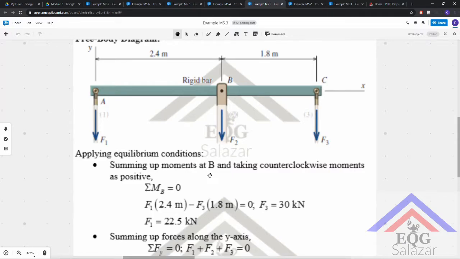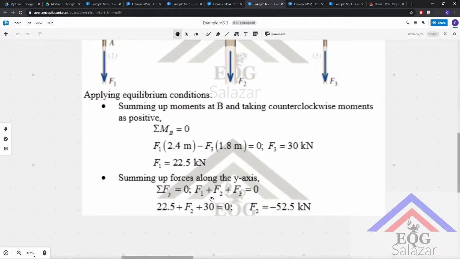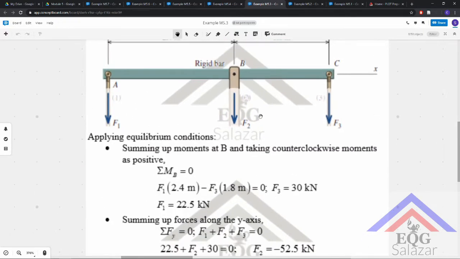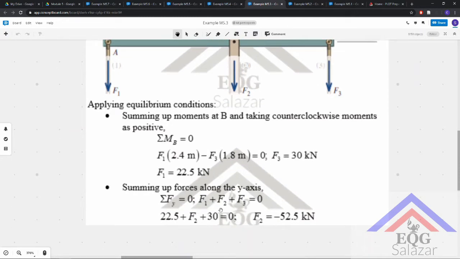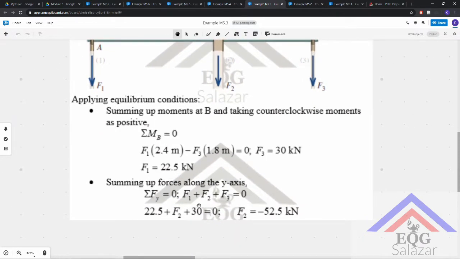Now, summing up forces along the y-axis, since we know F sub 3 and F sub 1, we should also be able to get F sub 2 by summing up forces along the y-axis and equating to 0. So F1 plus F2 plus F3 is equal to 0, and therefore F2 will be equal to negative 52.5, indicating that this is compression.